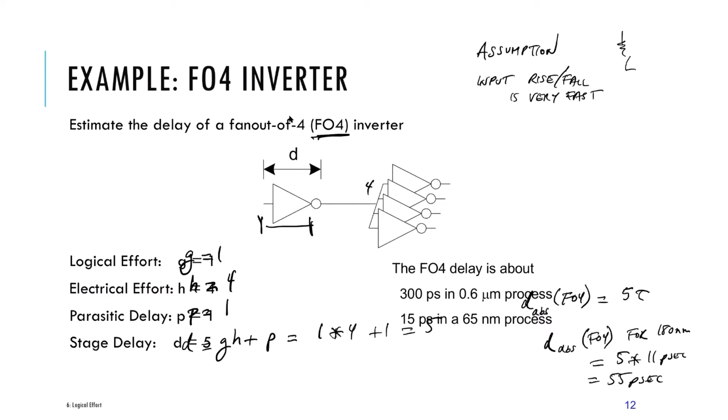If I draw this in the time domain, the input is transitioning, whether going high or low, with some rise time. In the ideal case this is very, very fast, like infinitely fast, a picosecond rise time, whatever. But let's say you're being driven by another stage, maybe like yourself.